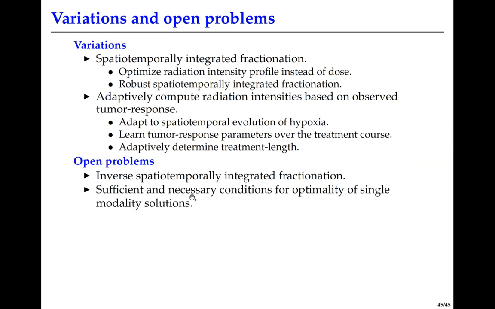Also, sufficient and necessary conditions for optimality of single modality solutions are not known in the two modality case. So I mentioned the fact that okay, one possibility is that only one modality is used. So let's say D1 is positive, D2 is 0. Another possibility is that only D2 is used. So D2 is positive, D1 is 0, but it is not known what are the sufficient or necessary conditions for that to happen.